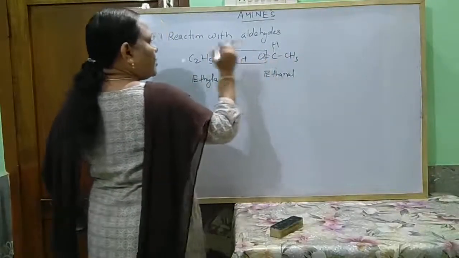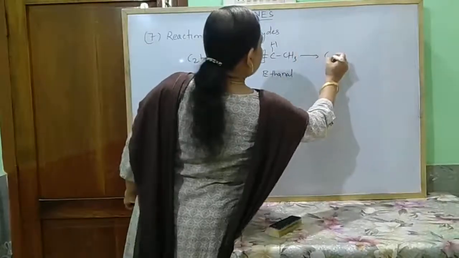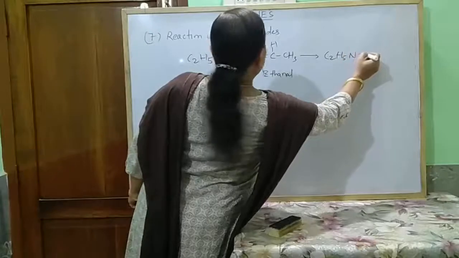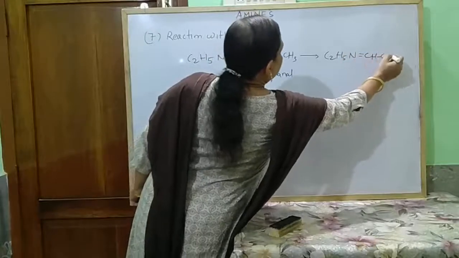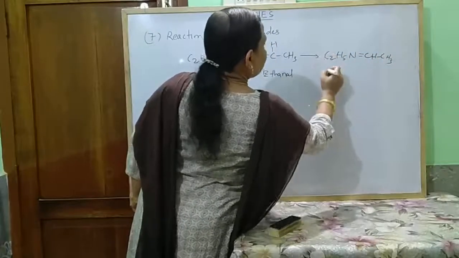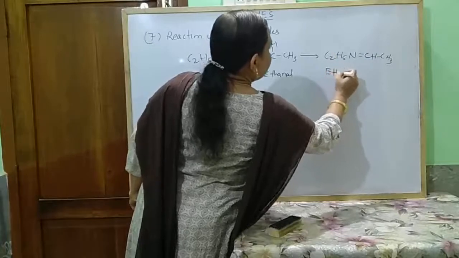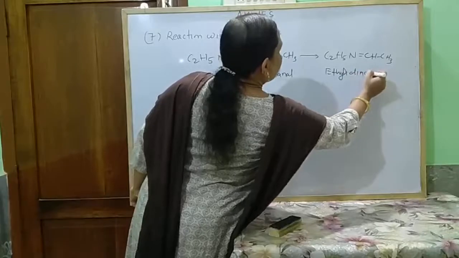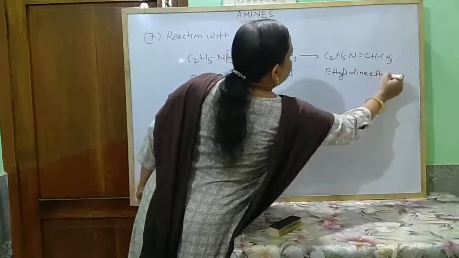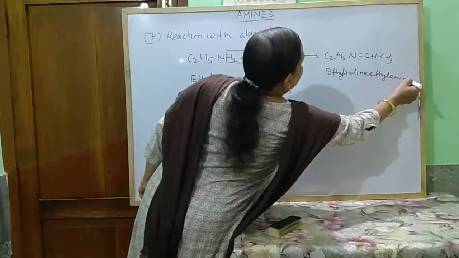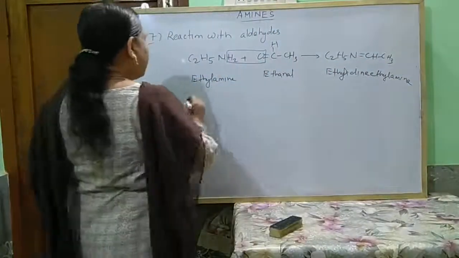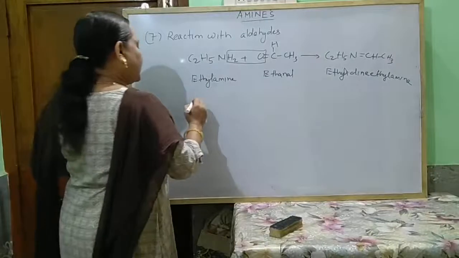Here removal of water takes place, giving C2H5N=CHCH3. This is ethylidene ethylamine. This part is ethylidene ethylamine.